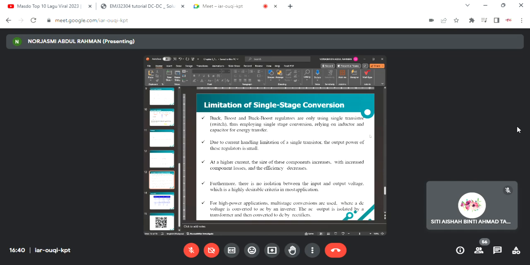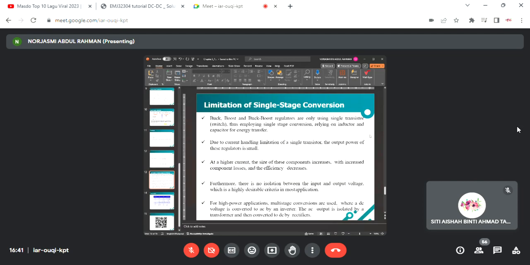Because of the single transistor, if you have a higher power, you are going to stress the switch, giving it a major task to handle a lot of power. So most of the time the switch is incapable of working efficiently at high power and high current.